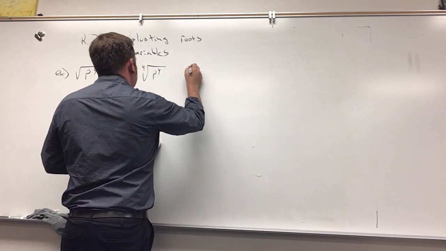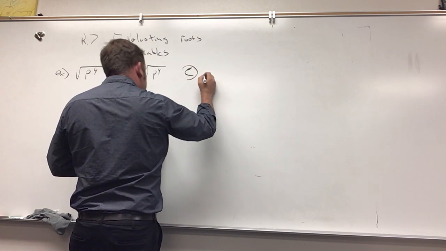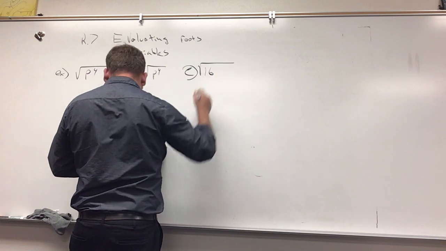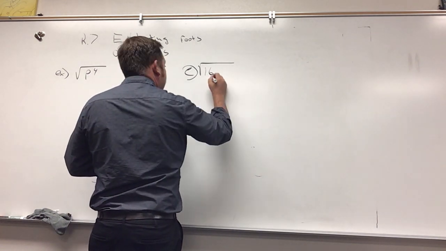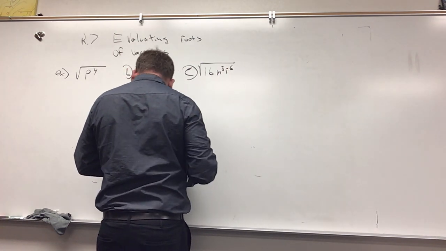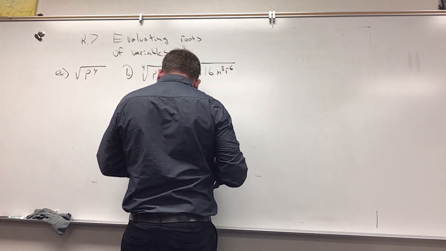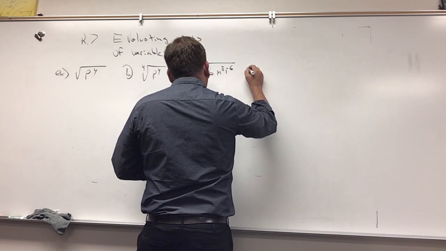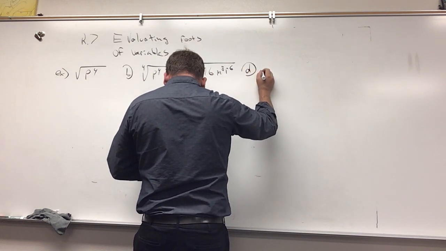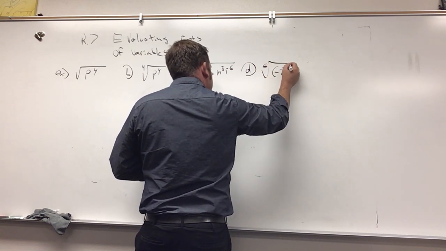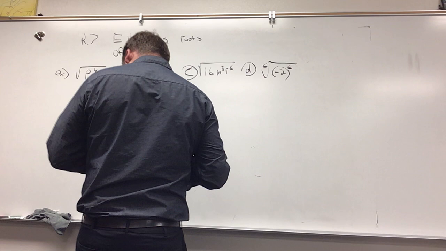Let's do the square root of 16 m to the 8th r to the 6th. Let's do the 6th root of -2 to the 6th power.